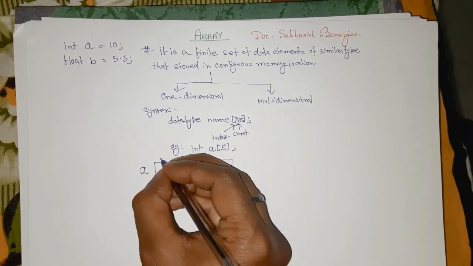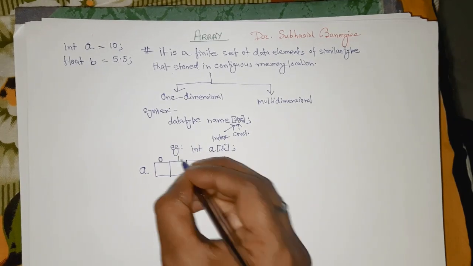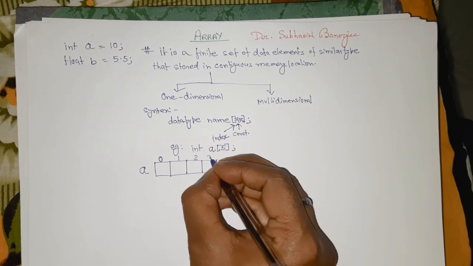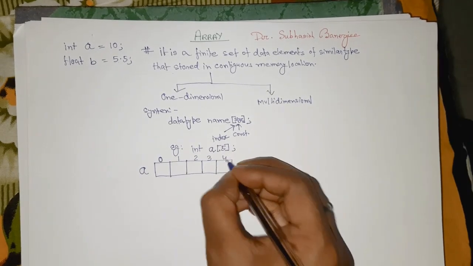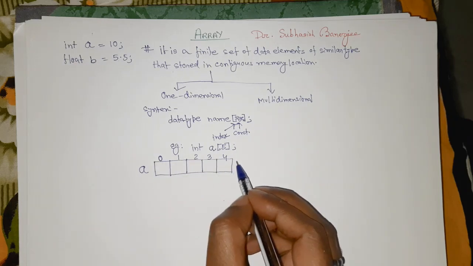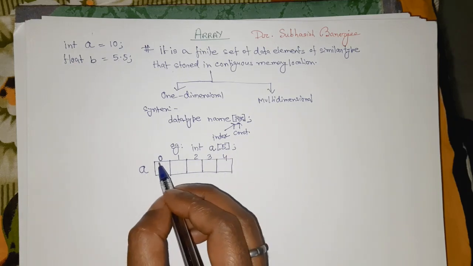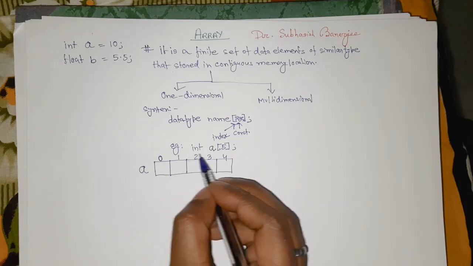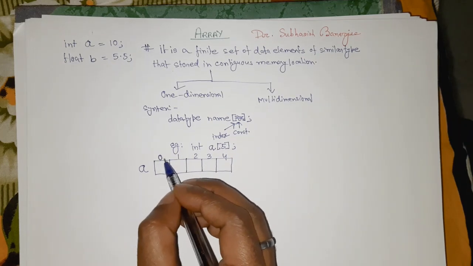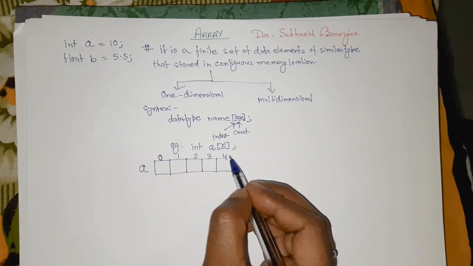The first index starts from 0, then the next index will be 1, then 2, then 3, then 4. So the computer is going to occupy space in memory for the 5 integer elements, and every element has a unique index number. The index number in an array always begins with 0: so 0, 1, 2, 3 and 4.